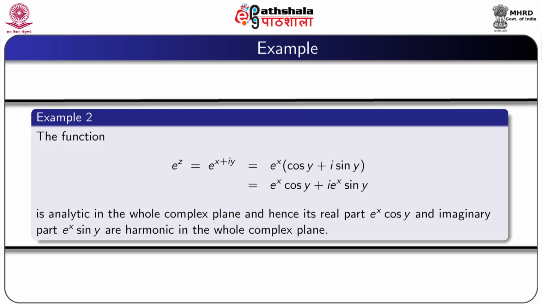We know the function e^z is analytic everywhere in the complex plane. So, by this theorem we can say that its real part e^x cos y and imaginary part e^x sin y are harmonic in the entire complex plane.